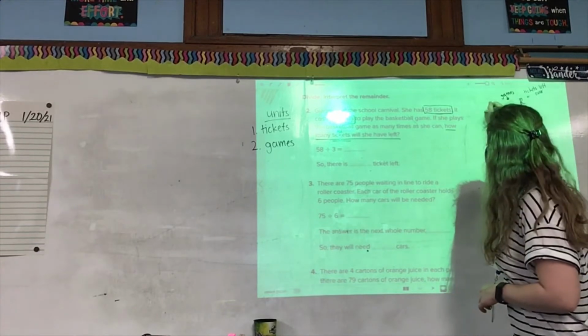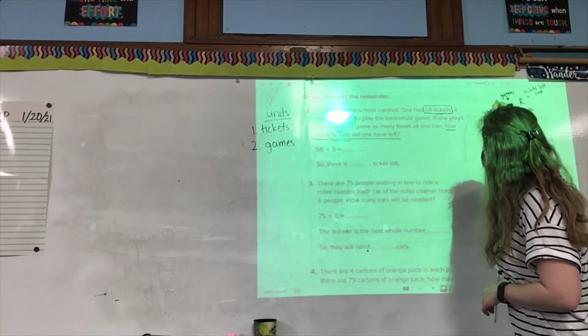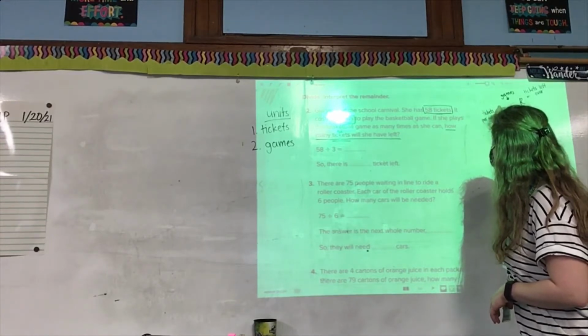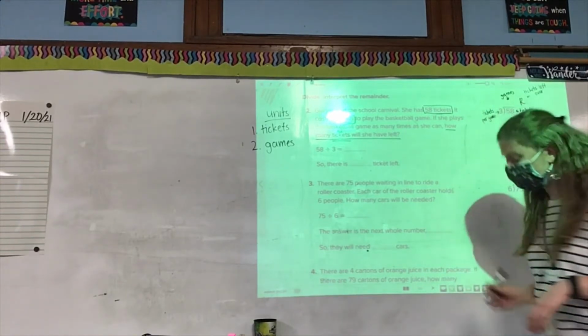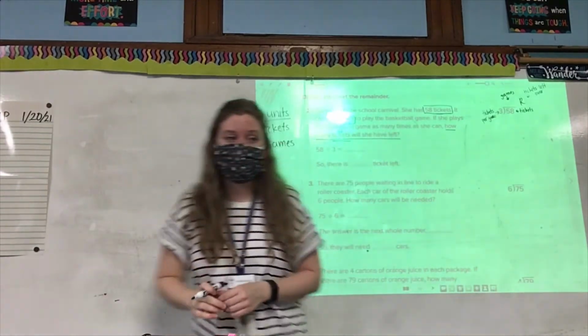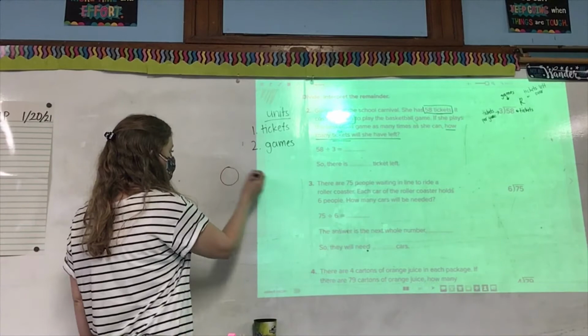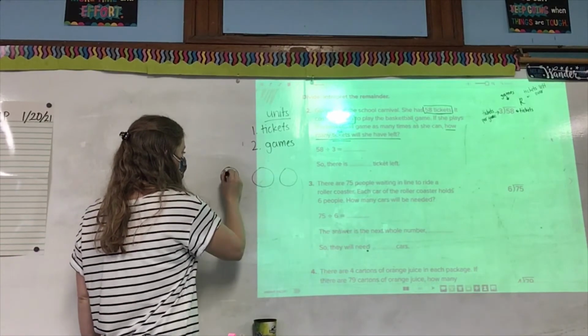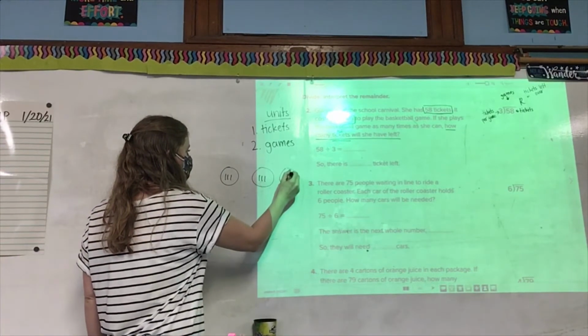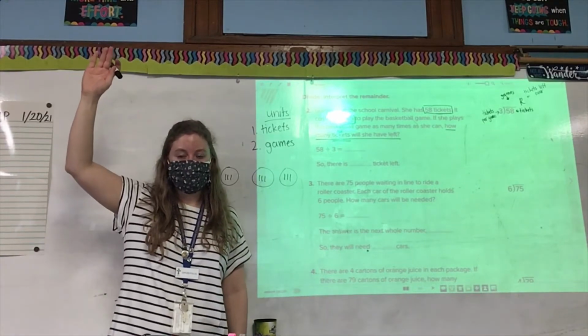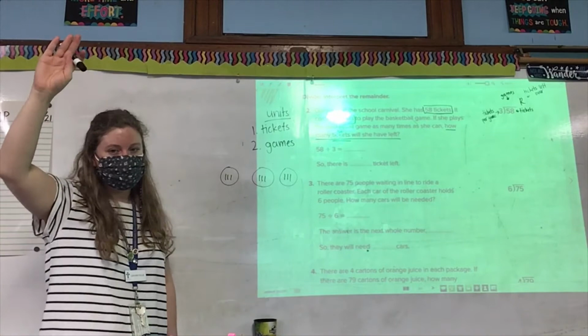So, tickets per game, or the number of tickets, the number of items in each group. The games are a group. We're splitting the number of games, and we're putting 3 tickets in each one until we get to what? We're putting 3 tickets in each group until we get to what?